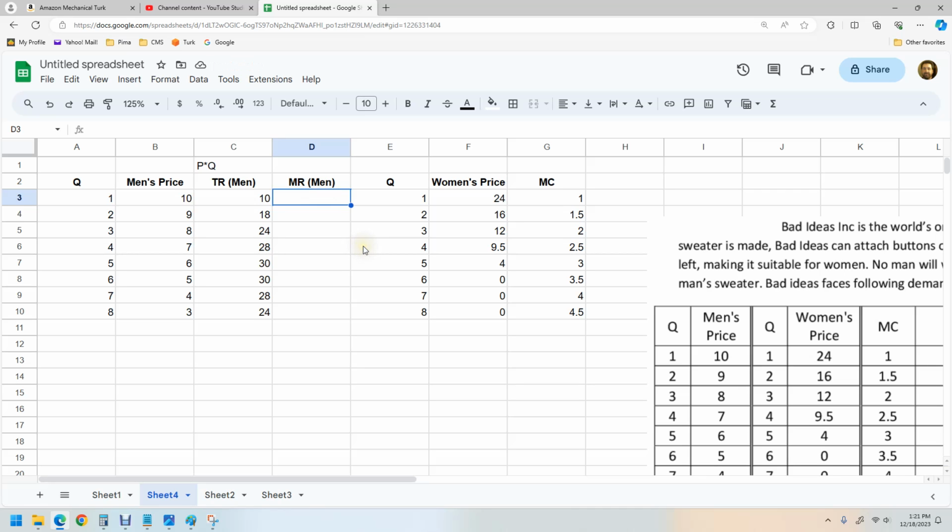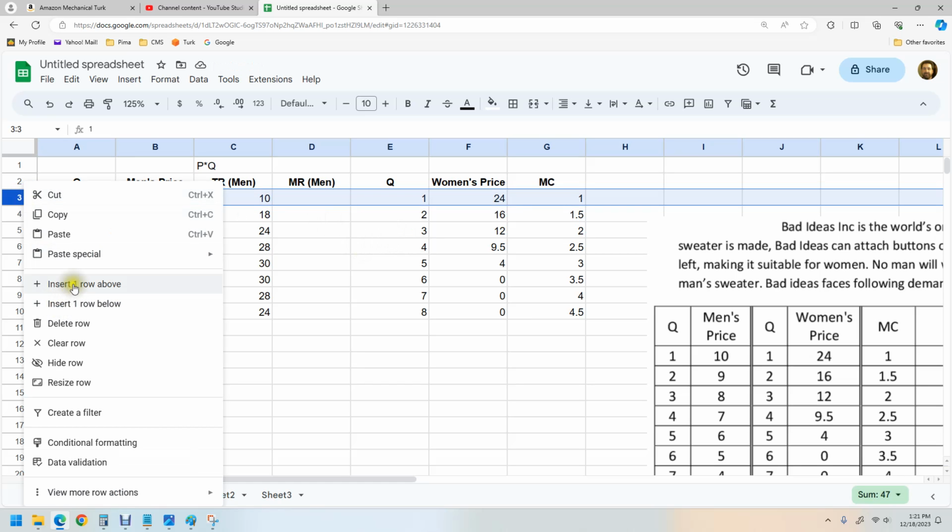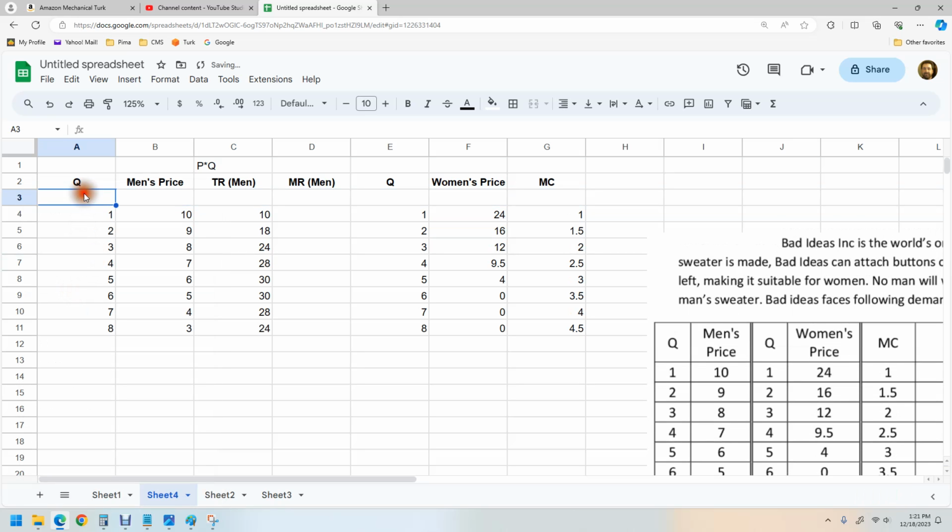Next, marginal revenue. Now the first marginal revenue is this. If the price was like 11, then we could copy this formula back here, and that would be too far. So I grabbed that plus sign, and it took that and multiplied it. I'll put that over here too, and then we can put a price of like 26 there.